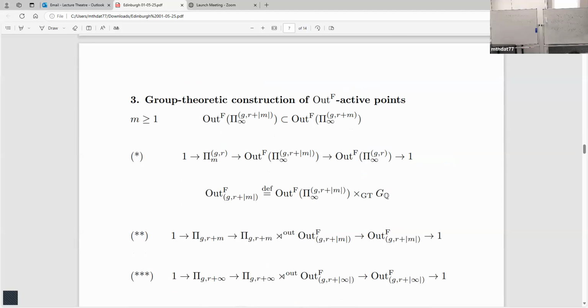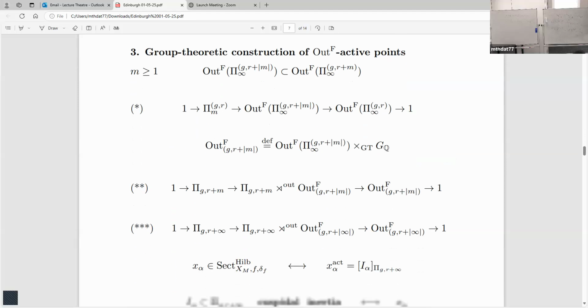Okay, so we want to construct points, Out F-active points. So this is somehow similar to the GT points that were discussed by Mochizuki this morning. So the idea is that our points live in these hyperbolic curves of type (g,r). So we want to think of these points as cusps. So we start removing them, right?